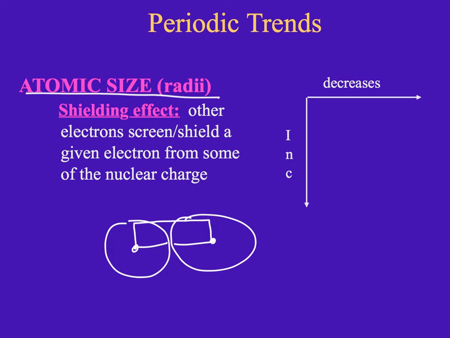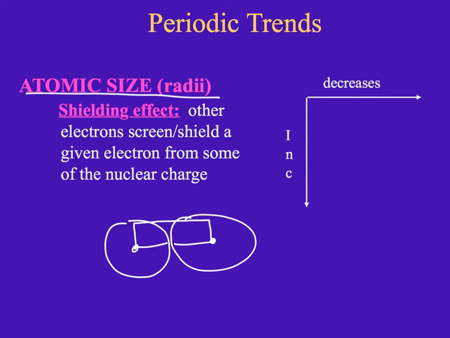Now, these are just trends to help us understand what generally happens to the size of the atom, but there always could be exceptions to the rule. Not only do you need to know the trend, you need to understand why. Why does it get bigger when you go down? Why does it get smaller as you move across? That is what we're going to talk about first, okay?